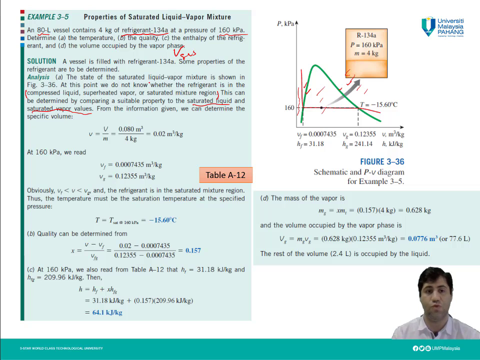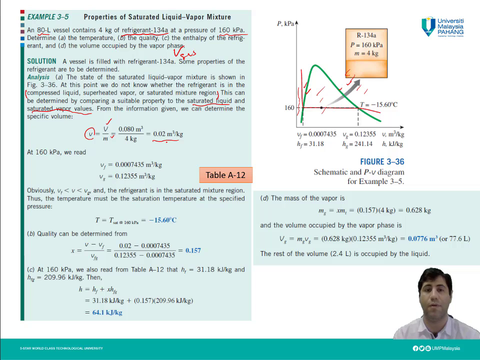From the information which we have here, we can determine the specific volume, which is a property of the material. We have the volume, which is given as 80 liter. We know the mass, it's 4 kilogram. So the specific volume here is 0.02 cubic meter per kilogram.